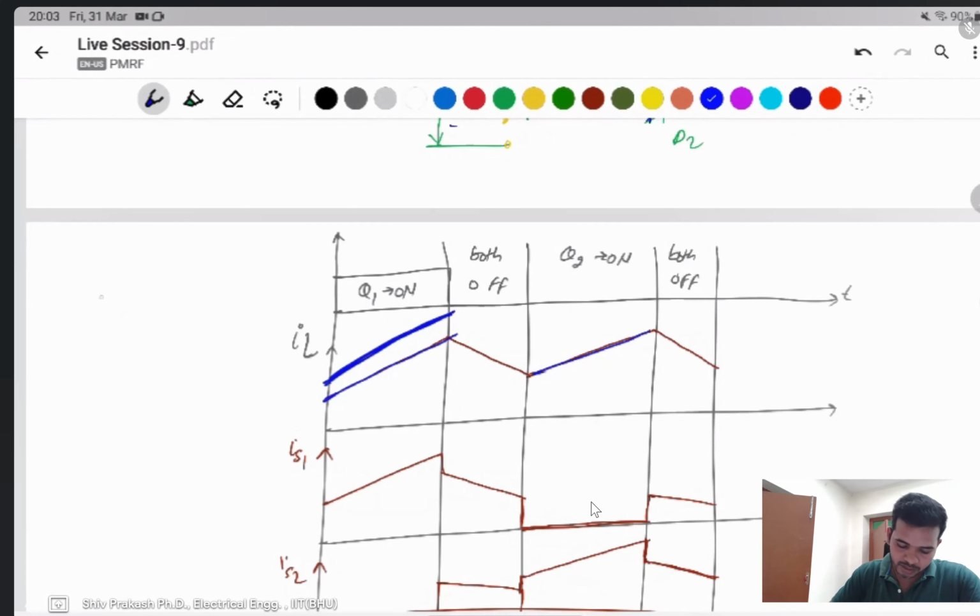When Q1 is on, VL will be NS divided by NP into Vin.